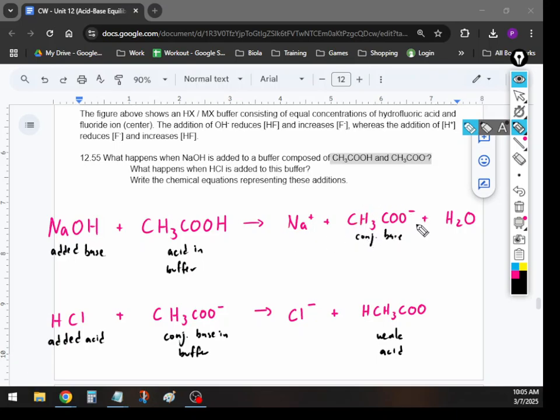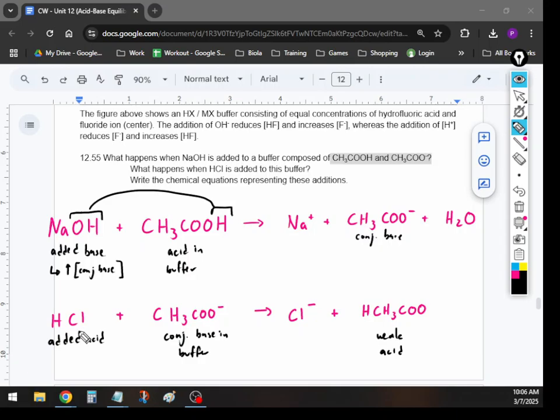But it's also going to form your conjugate base, because the hydroxide from your base is going to react with the hydrogen from your weak acid to form water, and what you have left over is the conjugate base. So keep that in mind. If you add a base, it's going to result in an increase in the conjugate base concentration, because that's what it makes.